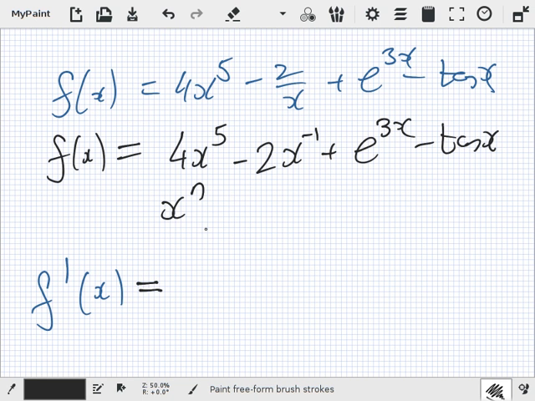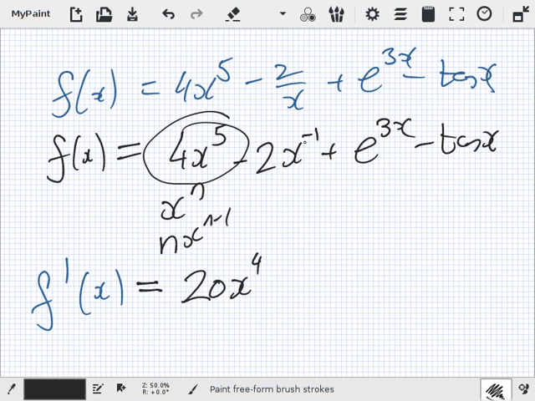Do you see the formula? So what you do, you bring the power down and reduce the power by 1. So this one would become 20x^4. This one would become plus 2x^(-2). Now, is there a formula for this one, like e^(kx)?